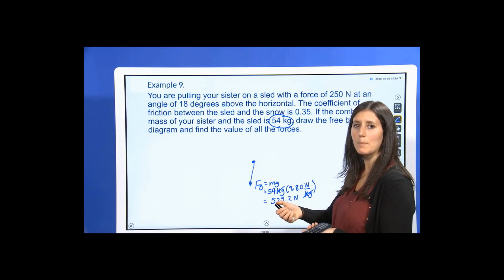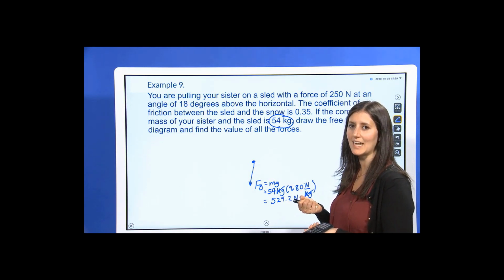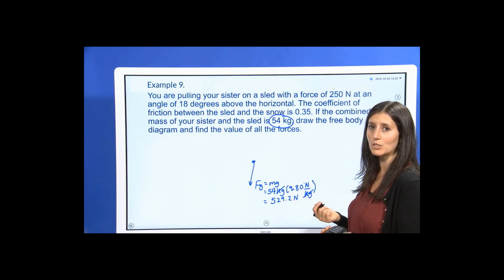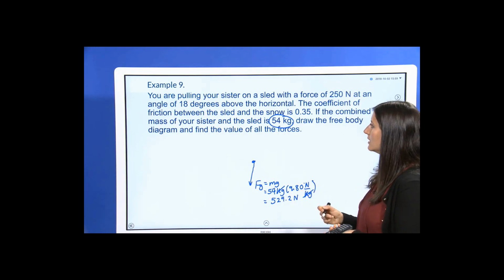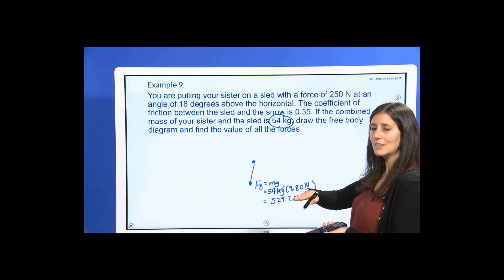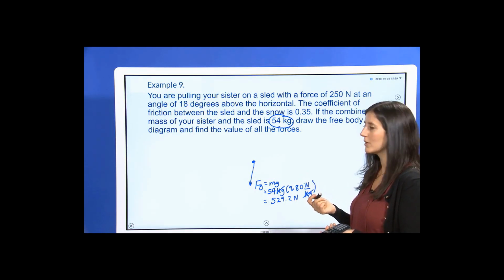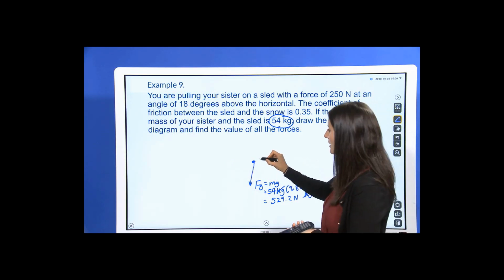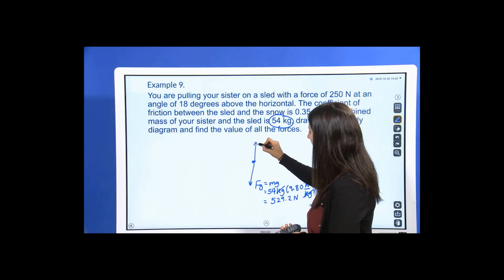So I'm going to assume the ground is level. So if the ground is level, my sister and the sled are on the surface of the ground, which means there must be a normal force acting perpendicular to this level, horizontal surface, so it would be pointing upwards. This is my normal force.